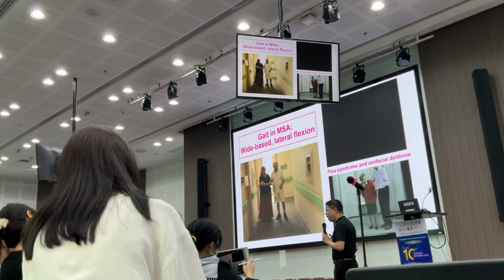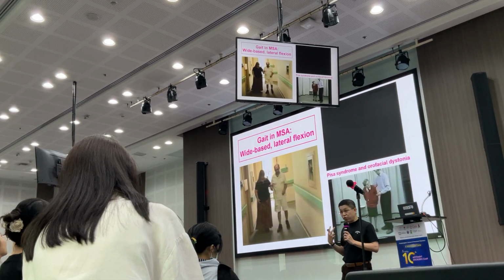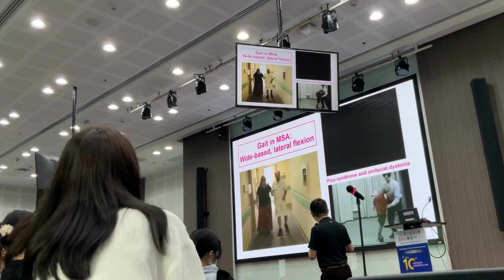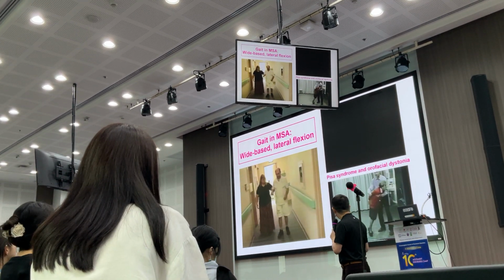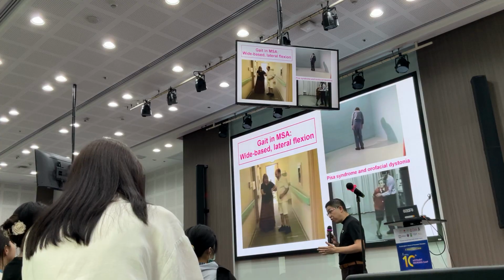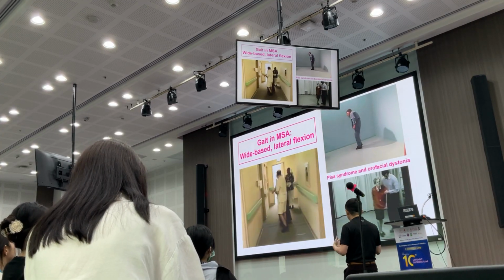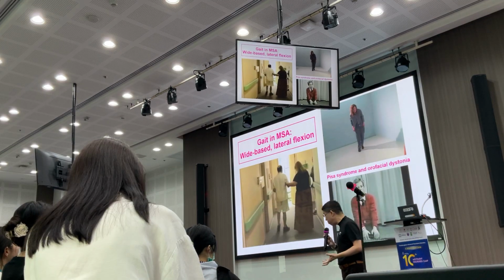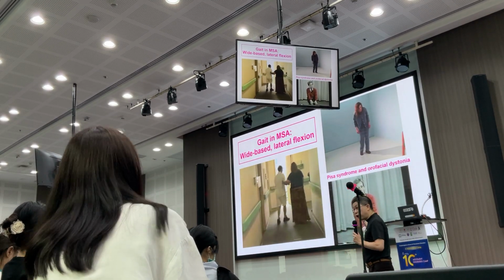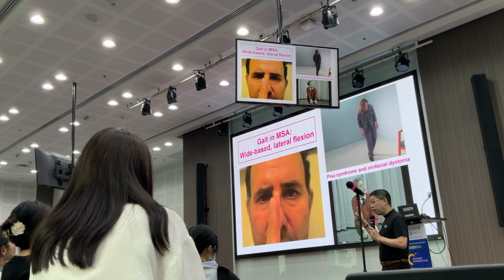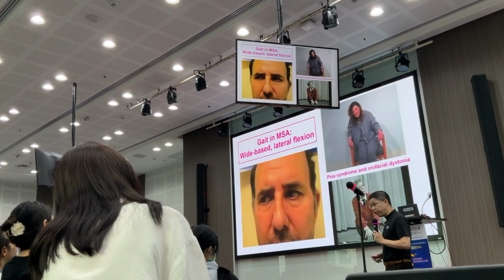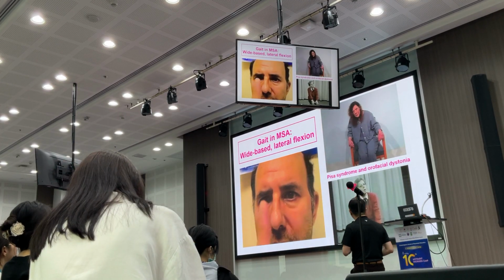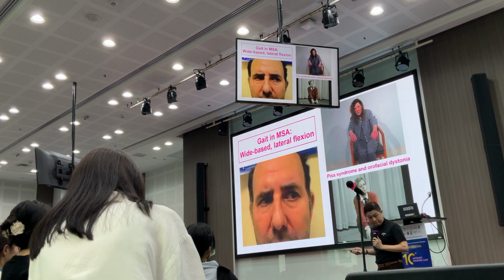And they can have axial postural abnormality. And you appreciate here that they can have this PISA syndrome, in which the generic term is called lateral flexion of Parkinsonism, and orofacial dystonia, particularly when they are exposed to levodopa, can occur in 1/3 of patients with MSA.